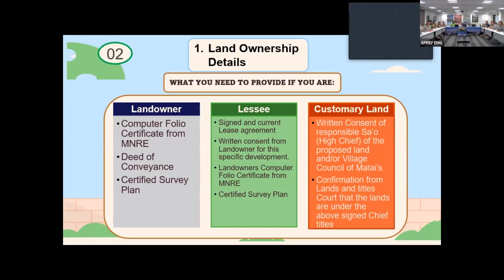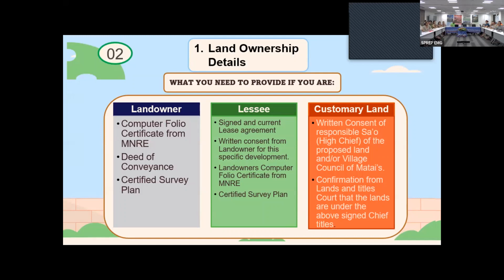One of them is you can seek the consent from the entire village council of Matais, the collective council, or you go to the family group or the clan that owns that land, and you can get their collective signatures to say that as a family, as the Aiga, that these lands are under, they give permission. So those are the types of consents you need for customary land.